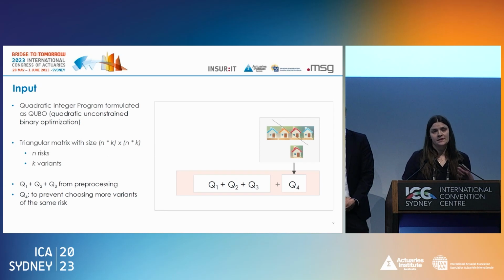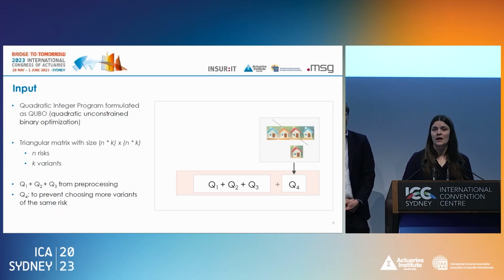After the pre-processing step, we have 3 QBOs. So for each part of this formula, the Markowitz formula we saw, we have 1 QBO, Q1, 2, and 3. And up to this point, we would get some results from the D-wave that include 1 risk in multiple variants. And this is something we don't want because 1 risk can only be insured once.